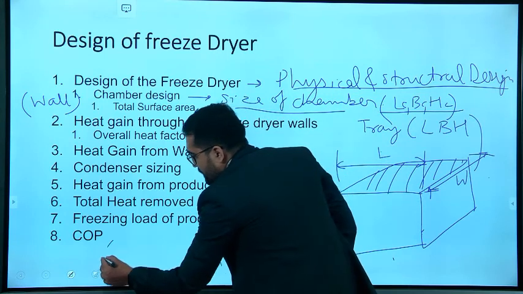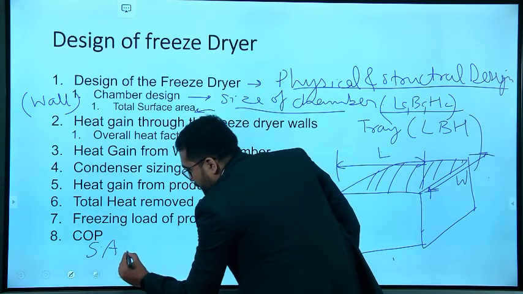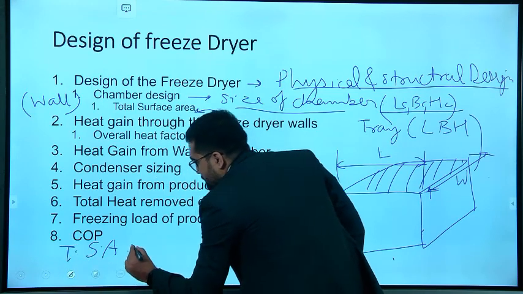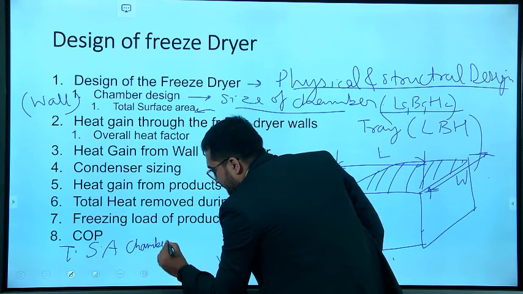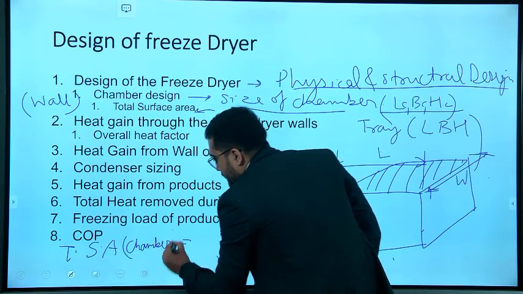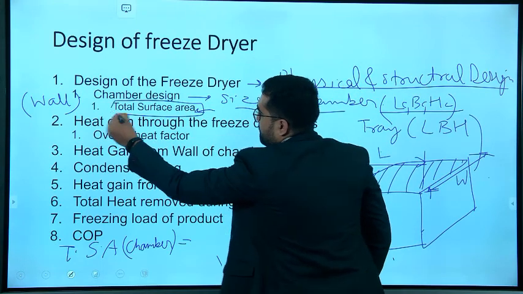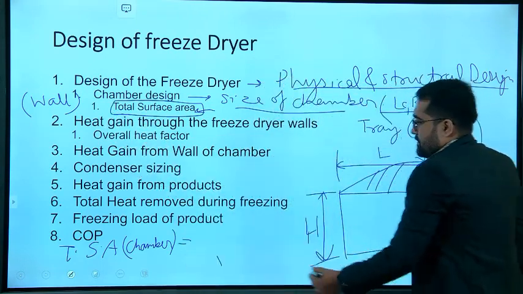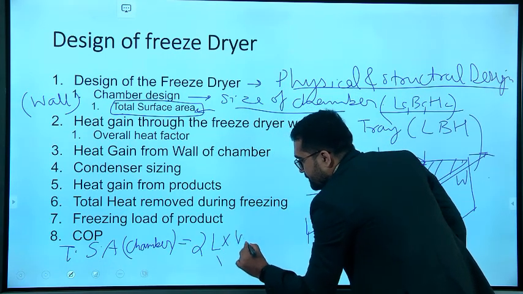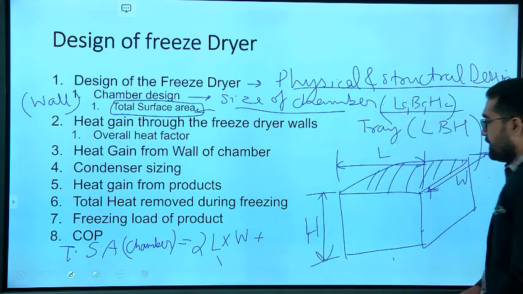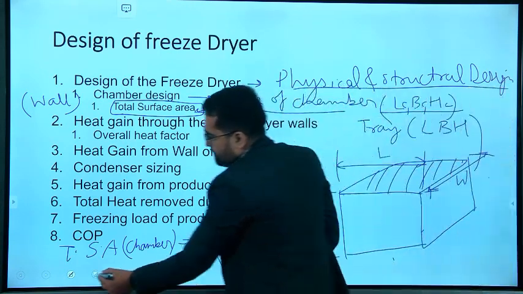So the total surface area of the chamber, what will be the formula for that? Two into length into width plus, we haven't finished yet, we need to calculate this also.